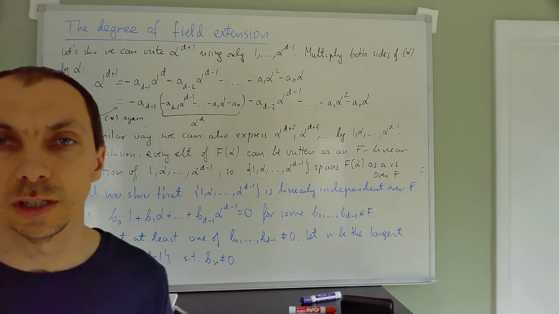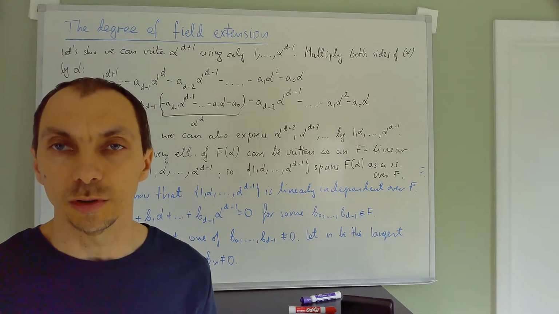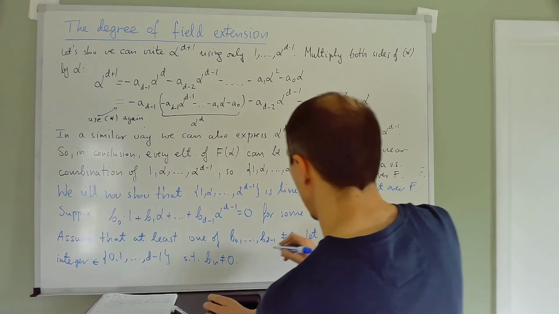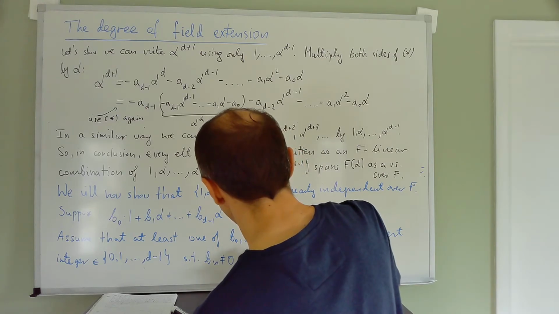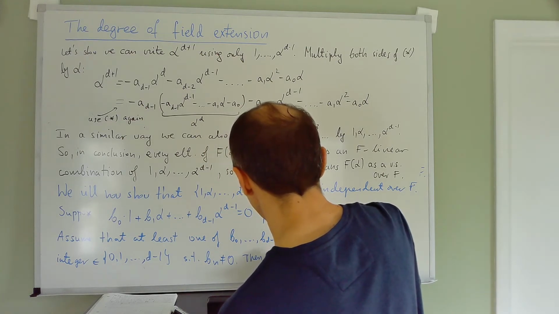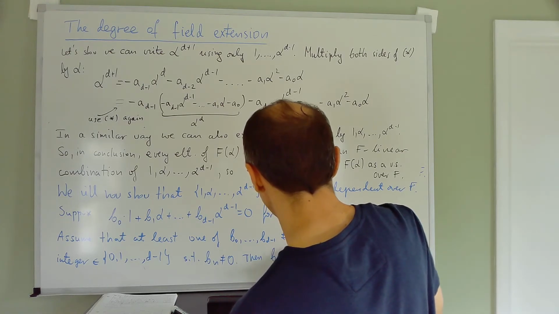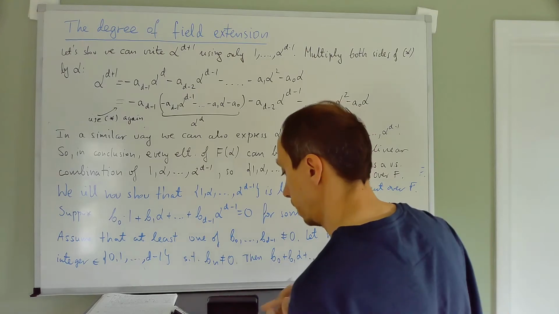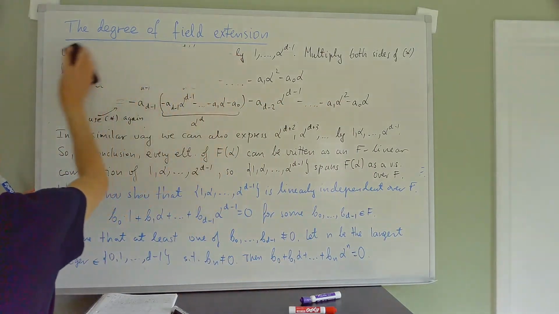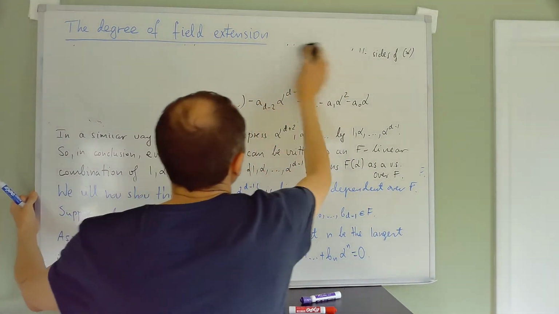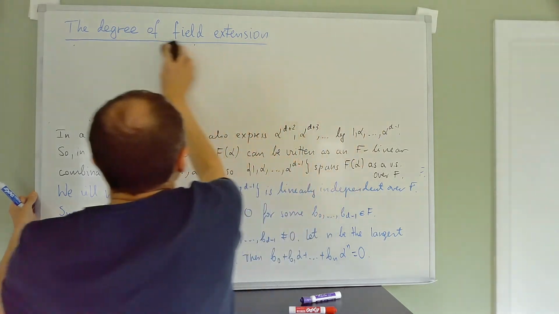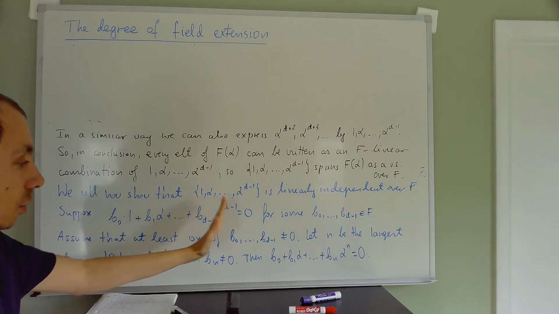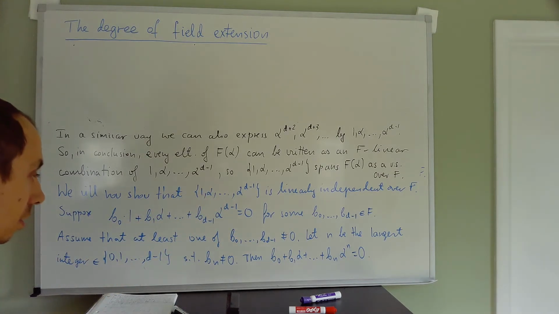Maybe b d minus 2 is 0. But eventually one of them is non-zero, so I take n to be the largest such. Then we get that b0 plus b1 alpha plus dot dot dot plus bn alpha to the n is 0. Right, I'm just rewriting that, but I'm only going up to n because everything above n is 0.